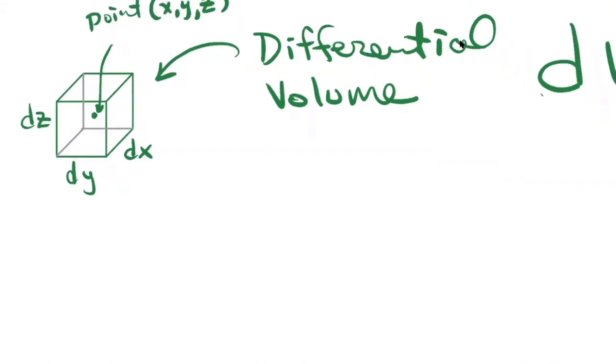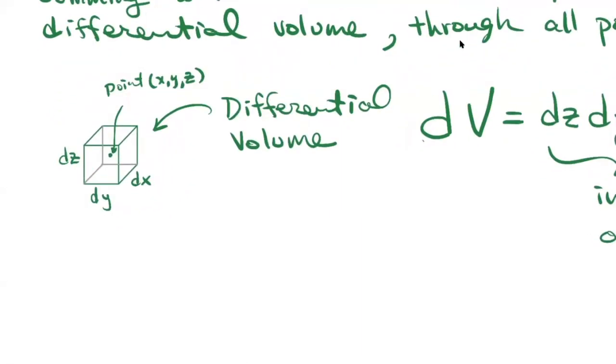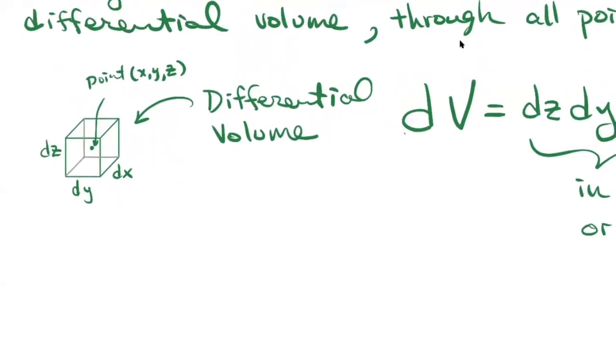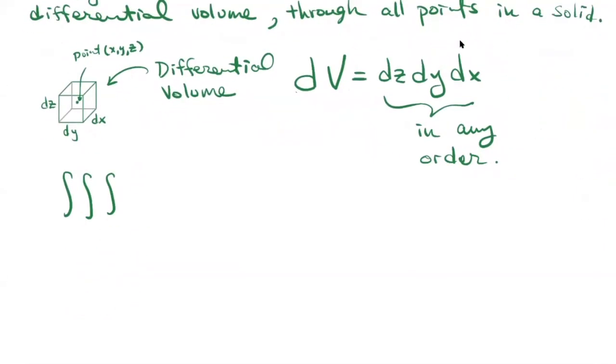Okay, so basically what we would do is define a triple integral over a solid. And I guess I go ahead and draw the solid. So give me a sec here while I do a picture of a solid.